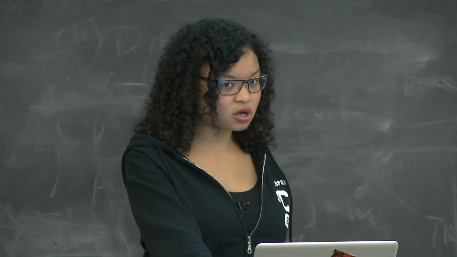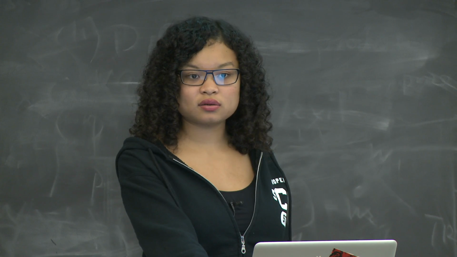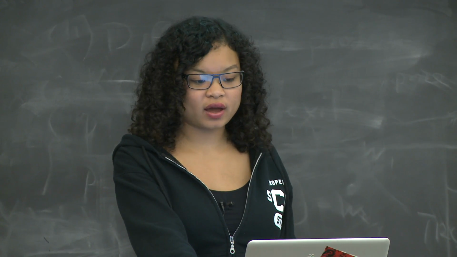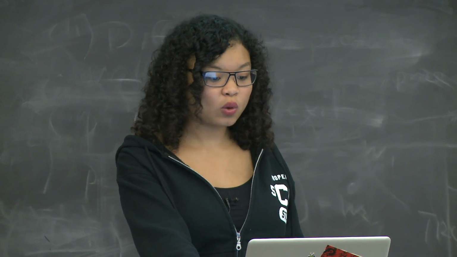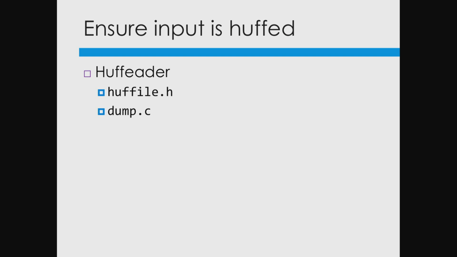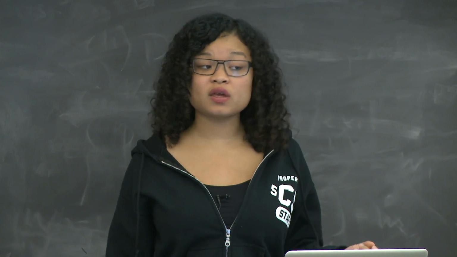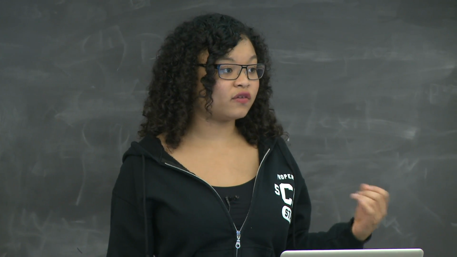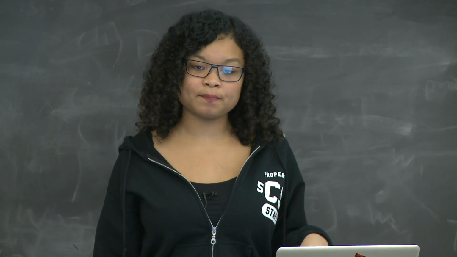So thinking back, was there anything in the distribution code that might help us with understanding whether a file is huffed or not? Well, there was information in huffile.c about the Huff header, and so we know that basically every Huff file has a Huff header associated with it with a magic number as well as an array of the frequencies for each symbol as well as a checksum.